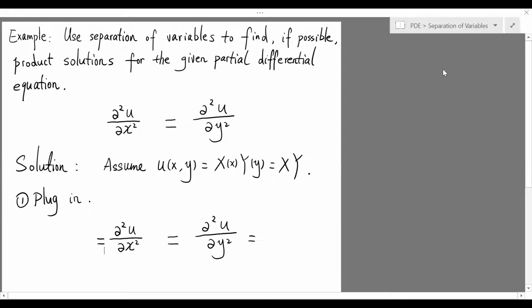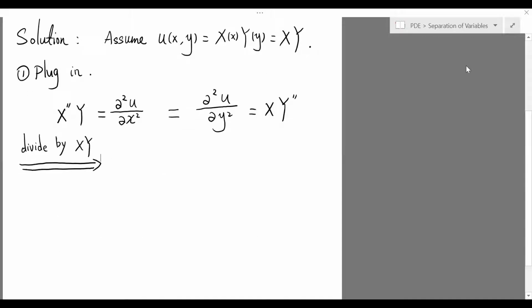Under our assumption, the left-hand side of our equation is simply capital X double prime times capital Y, and the right-hand side of this equation is just capital X times capital Y double prime.